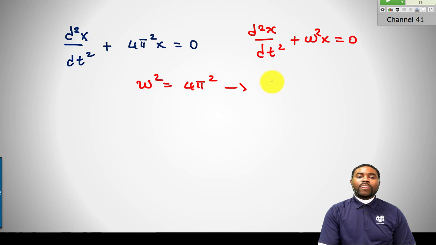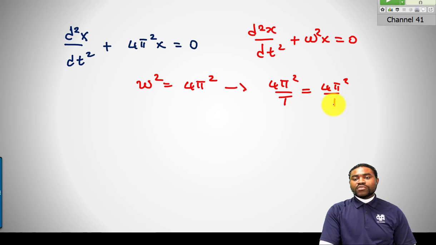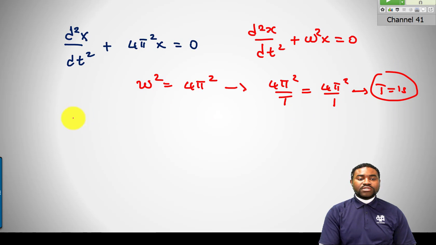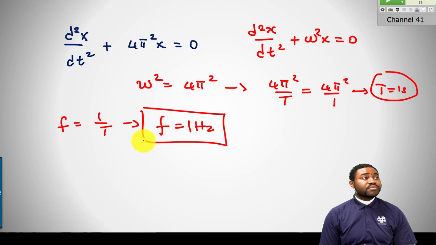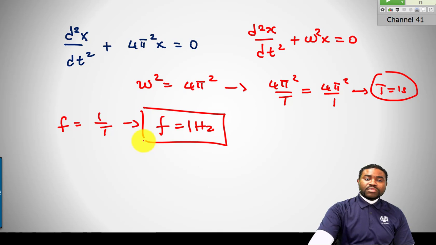This implies that 4 pi squared over T squared is equal to 4 pi squared over 1, which means that T is 1 second. And if T is 1 second, f is equal to 1 over T. This implies that f is equal to what? 1 hertz. Is it clear to everybody? This is a quick multiple choice question that you should not miss.